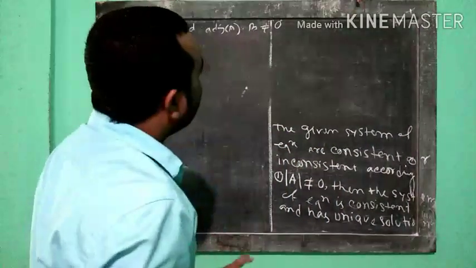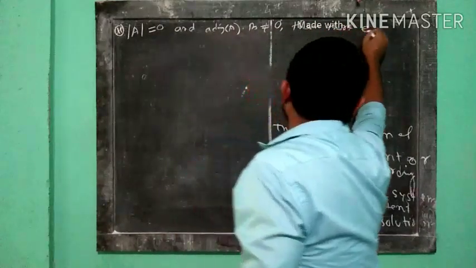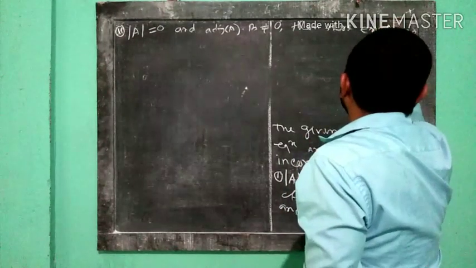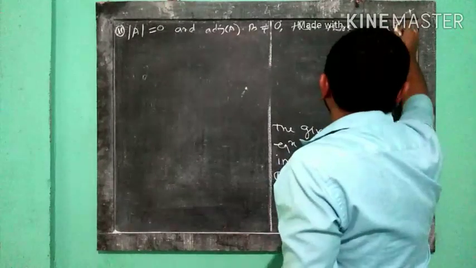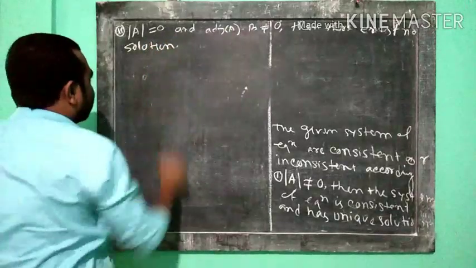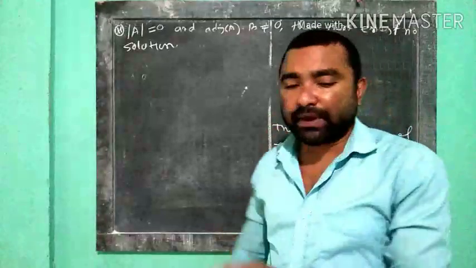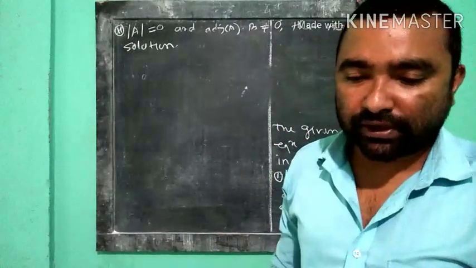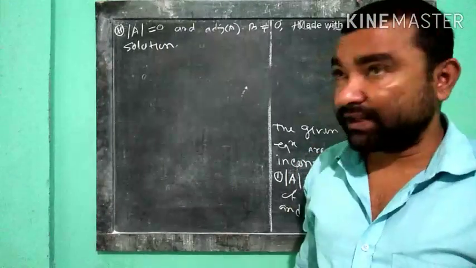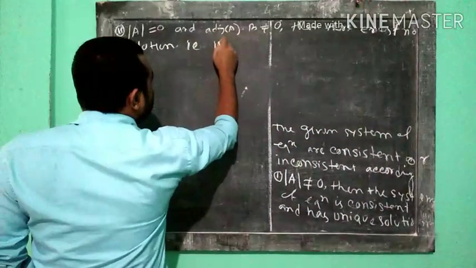If determinant of A equal to 0 and adjoint of A into b not equal to 0, then there is no solution. If there is no solution, we say it is inconsistent.